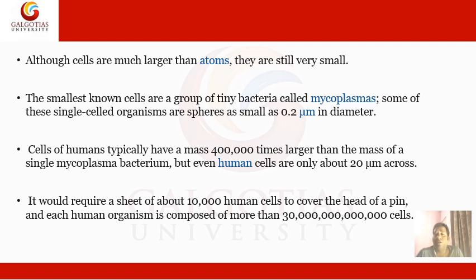And the human body is made up of more than 30 billion cells, and if we combine around 10,000 cells together, they can form the head of a pin. By that comparison we can estimate the size of the cell and how big the cell can look.